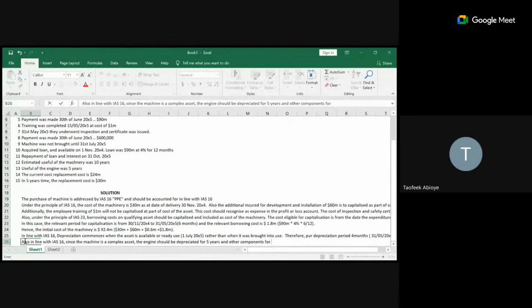Yes, thank you. So the other component will be depreciated for 10 years. So we just need to tell the examiner like that.